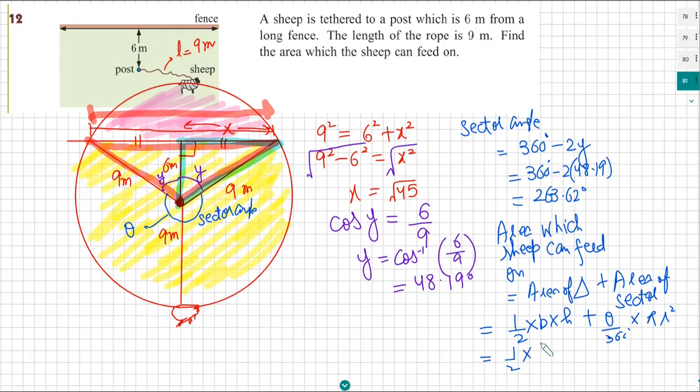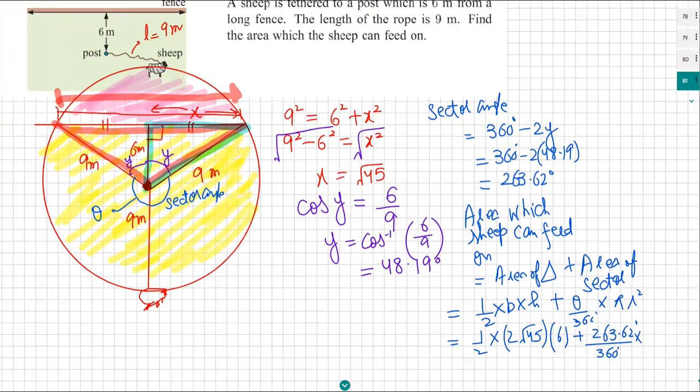X is square root of 45, so I'm writing 2 times square root of 45. And height is 6. Then plus theta. Theta is 263.62. Got it? Over 360 multiplied by pi r square.